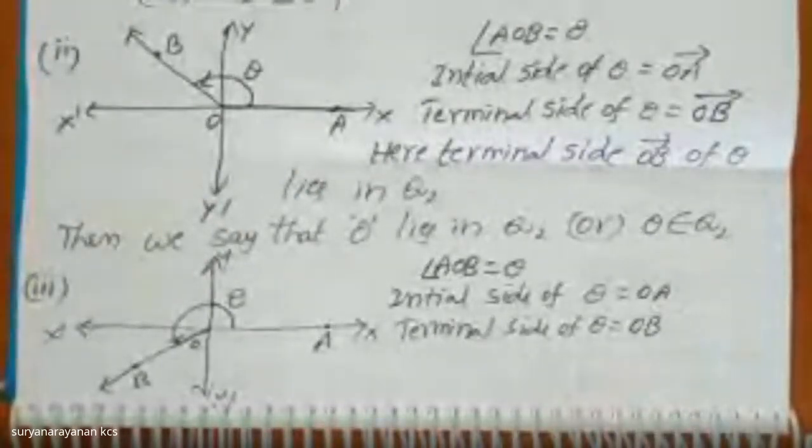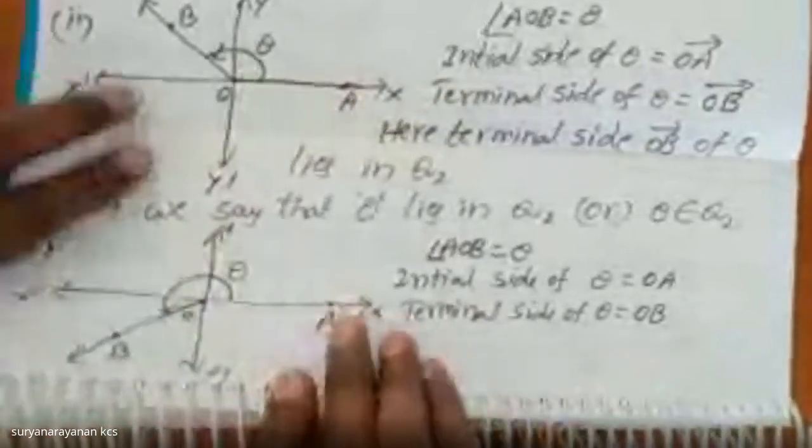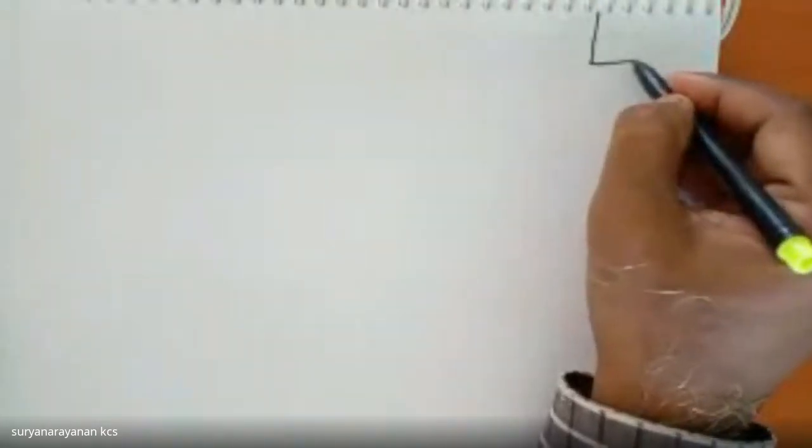Now tell me the position of the terminal side of angle theta. In which quadrant does it lie? Very good. Observe this third figure, my dear children.